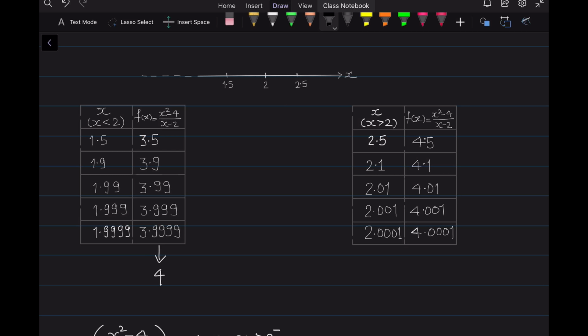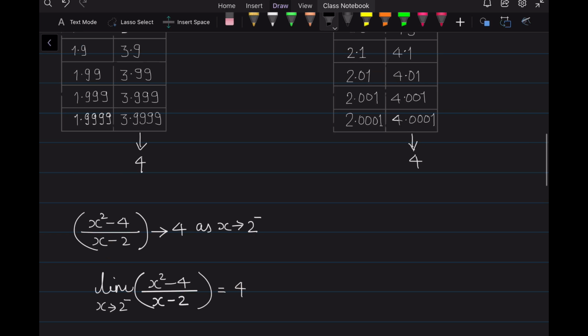You can see that as x approaches 2 from the right, the values of this function starting from 4.5 get closer and closer to which number? Again, they get closer and closer to the number 4.